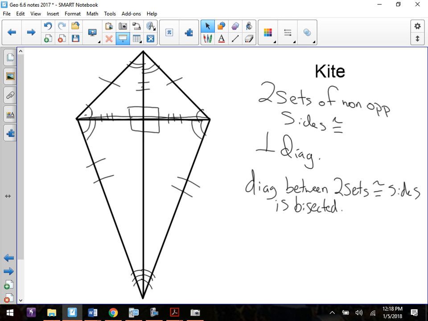That one's always bisected. The other diagonal, and so the angles between the congruent sides, are bisected. That's at the peaks for where the two isosceles portions are at.